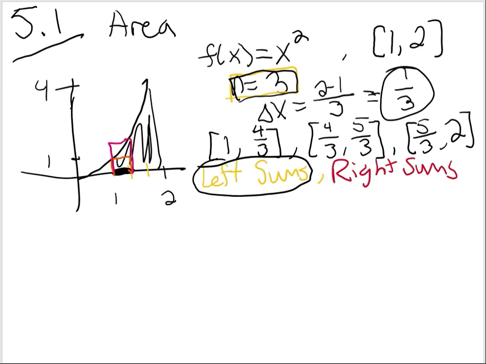So if I just draw this, I'll draw in blue which ones I have. See, my first one's at 1. So what is the y value? How high does it go at 1?